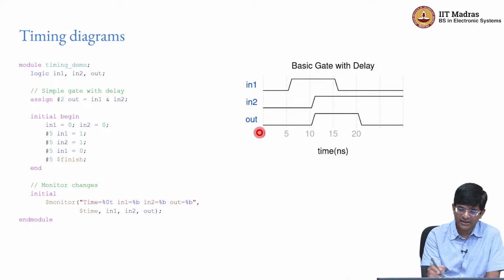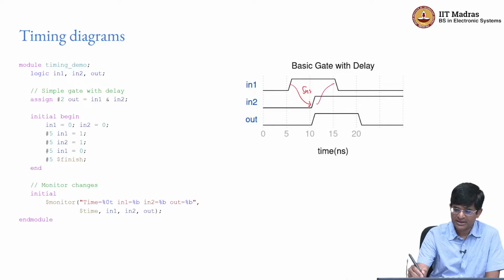So you will see that in2 automatically became 1 only at 10 nanoseconds. It became, that is to say, 5 nanoseconds after the previous statement was executed. Then after another 5 nanoseconds I make in1 equal to 0. So there is this ordering that we see over here, right. This is 5 nanoseconds and then there is another 5 nanoseconds out here, right.